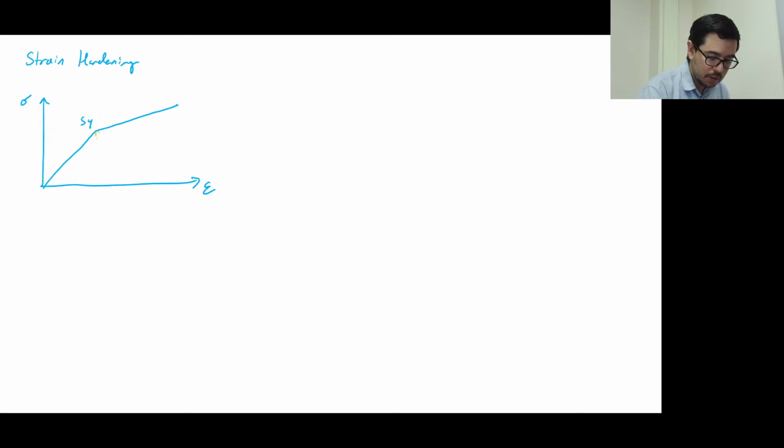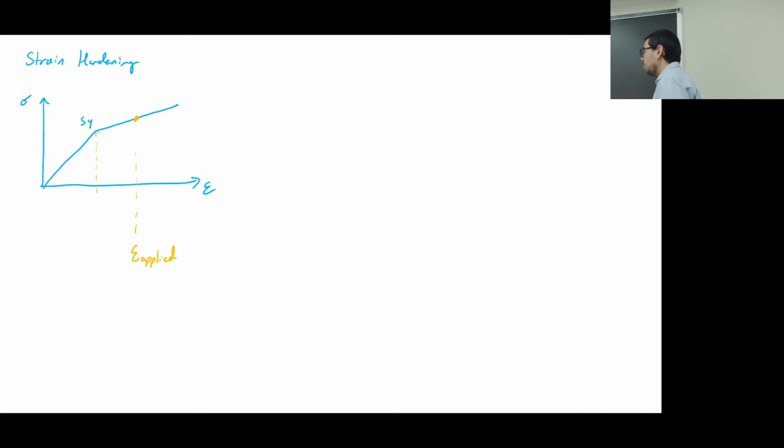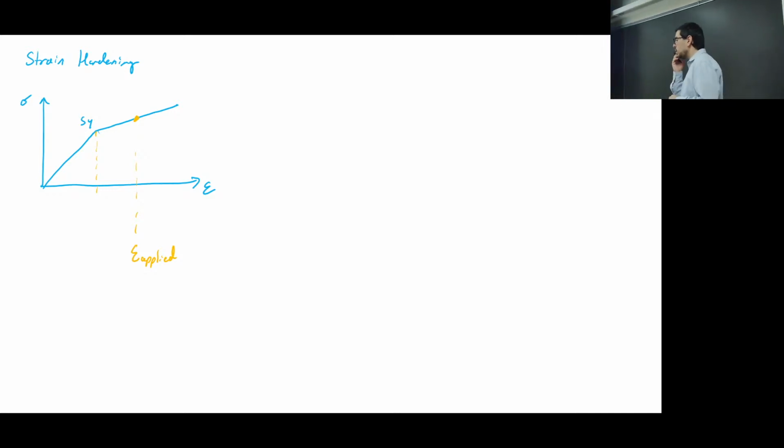Okay, so you're going up, you go past the yield strength, and say you go up here. Okay, you go to this pretty high epsilon applied. Okay, so based on what we discussed a few minutes ago, if I now release the load, where will I end up?